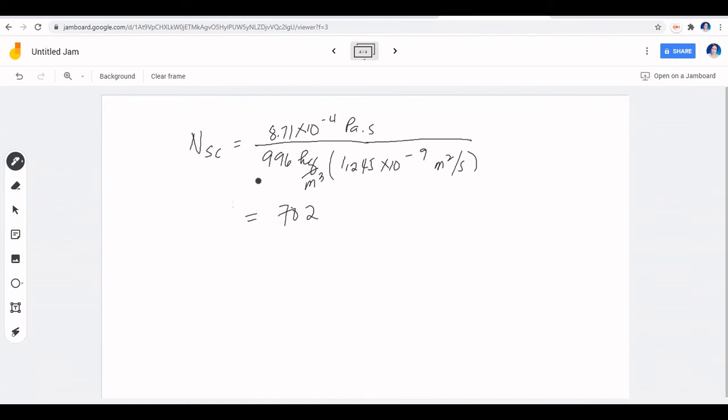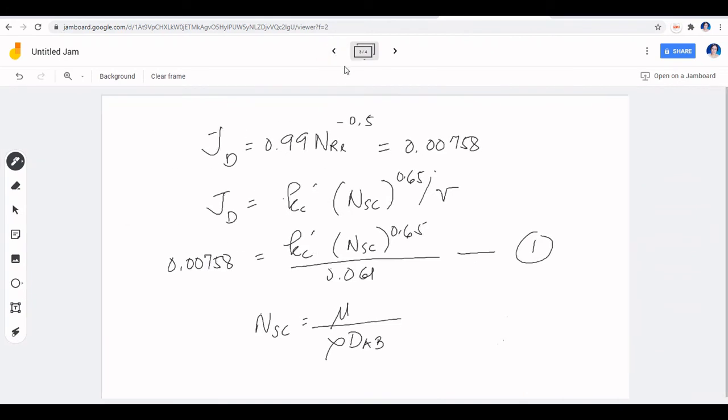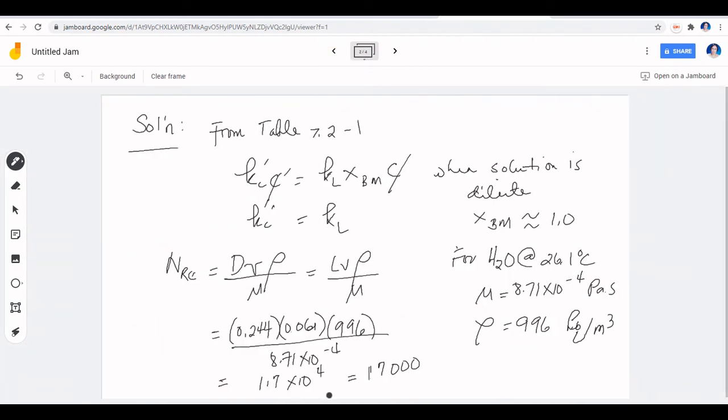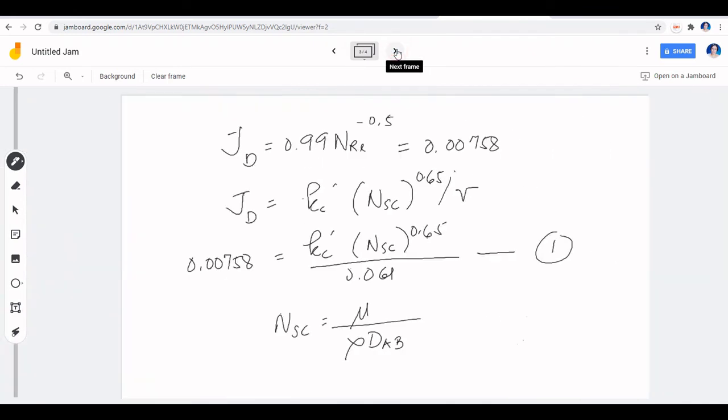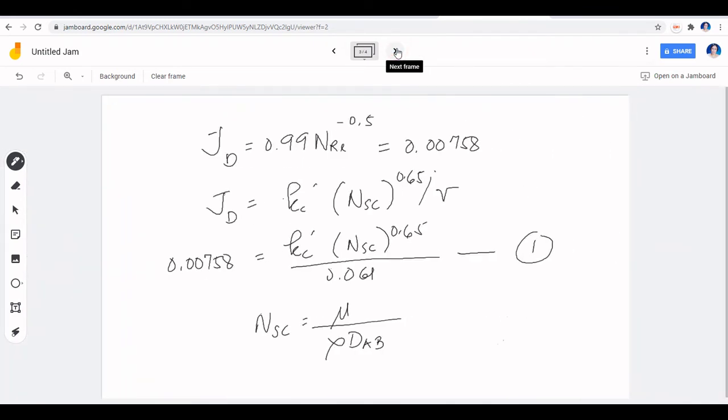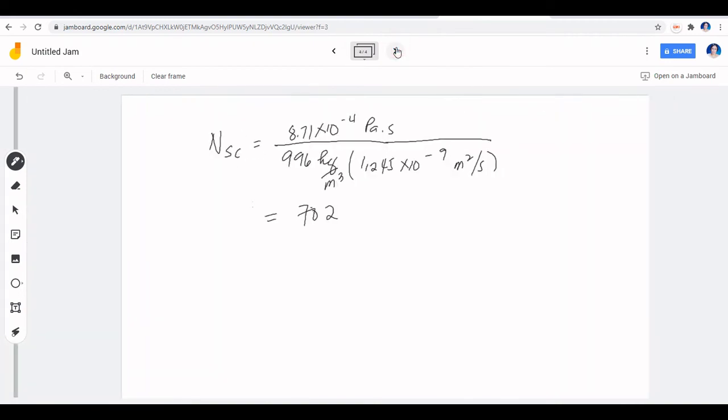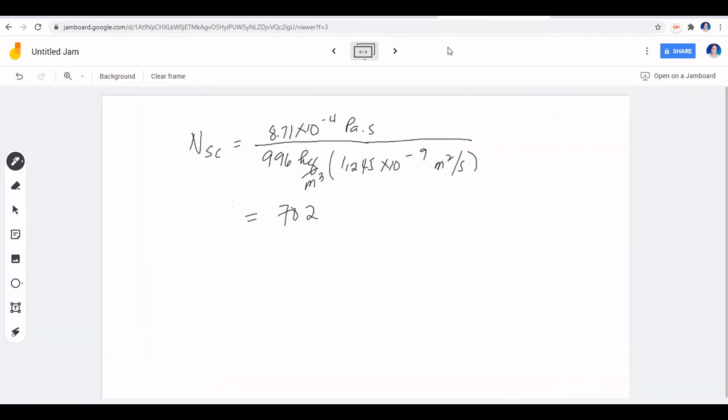Now we have determined the dimensionless number, the Schmidt number, and we also have already determined our Reynolds number here, which is 7,000. Then we can now use this particular formula that will have the appearance of the Schmidt number, and that particular formula is this.